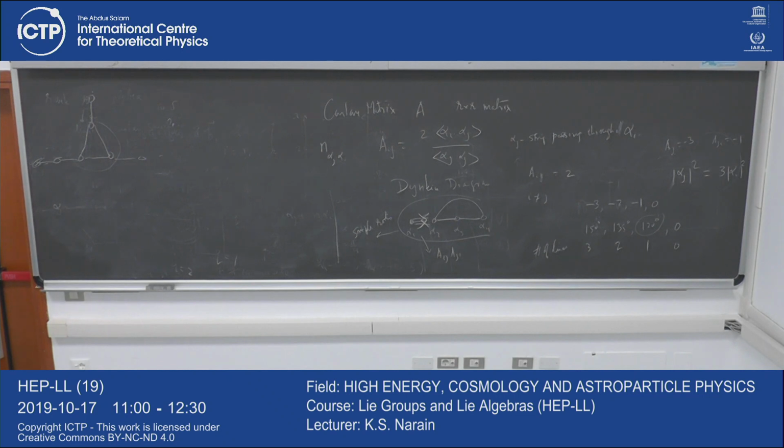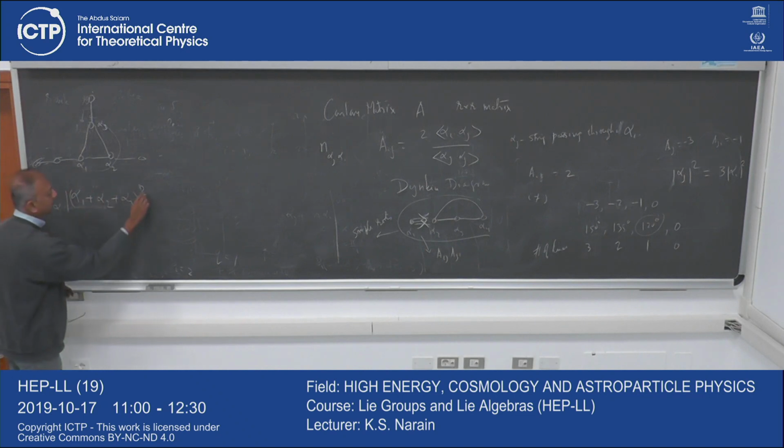And the answer is no. Because if I put here, let me call it alpha 1, alpha 2, and alpha 3, then the fact that there are single lines tells you that the angles between each of these 3 is 120 degrees. So in particular, let's look at (alpha 1 plus alpha 2 plus alpha 3) squared.